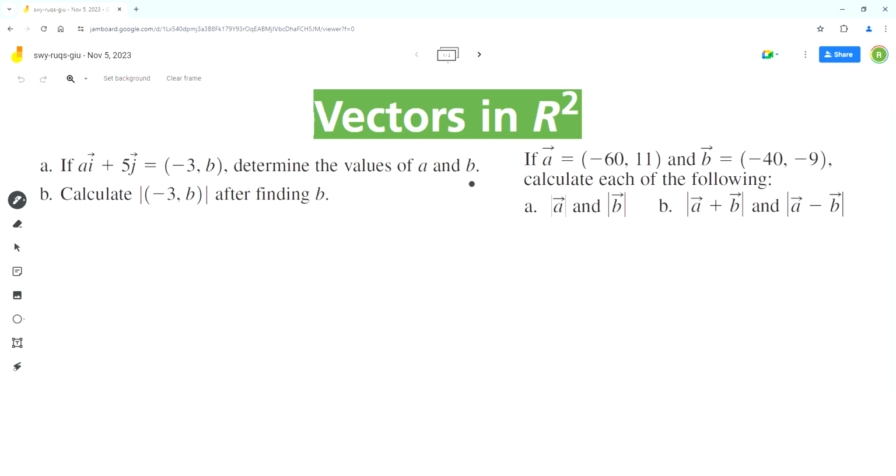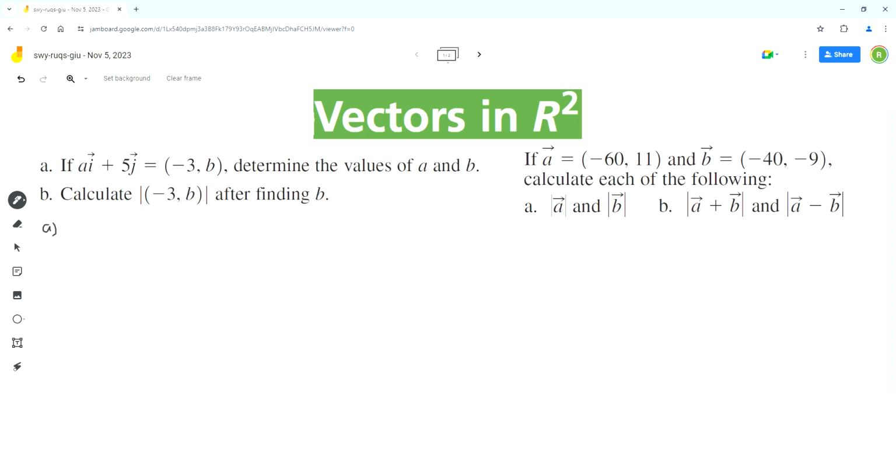So in part A, we are given this vector a i plus 5 j, which is in unit vector form, and we are given the other vector negative 3 comma b, which is in component form. So we have to find the values of a and b, and we are given that these two vectors are equal to each other.